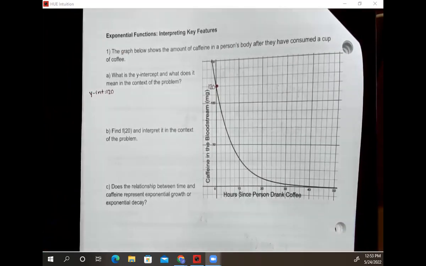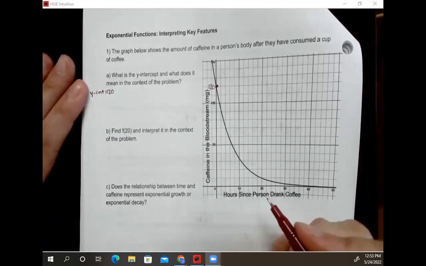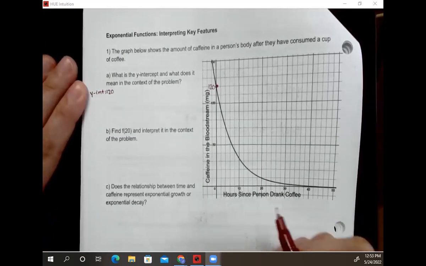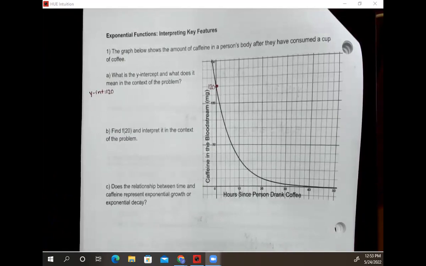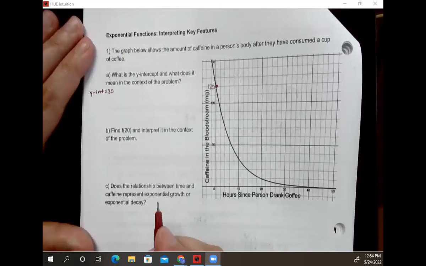And now what does that mean? 120 what? 120 milligrams of caffeine. Right when I drink my cup of coffee, right? Remember, anytime you are interpreting a point for me, I need to know both the x and the y values at that time with their labels.